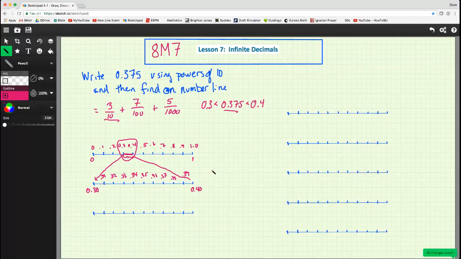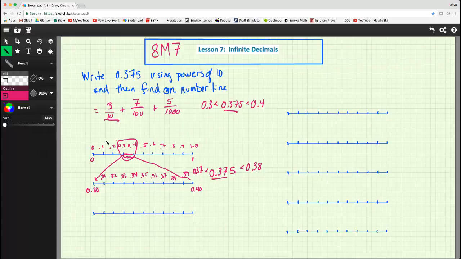So where does 0.375 fit? Well, it's between 0.37 and 0.38, right?